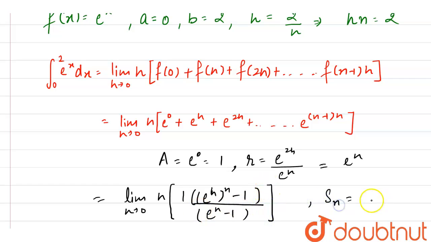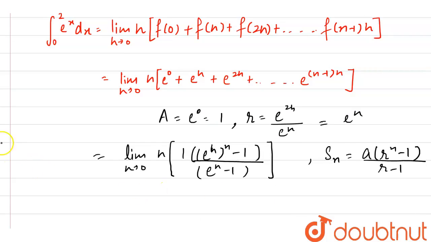The formula is Sn equals a into r raised to power n minus 1 divided by r minus 1.